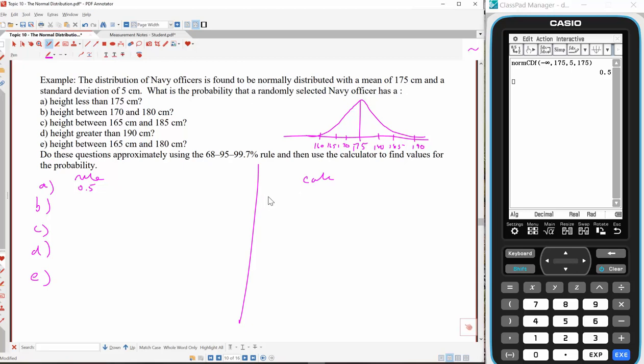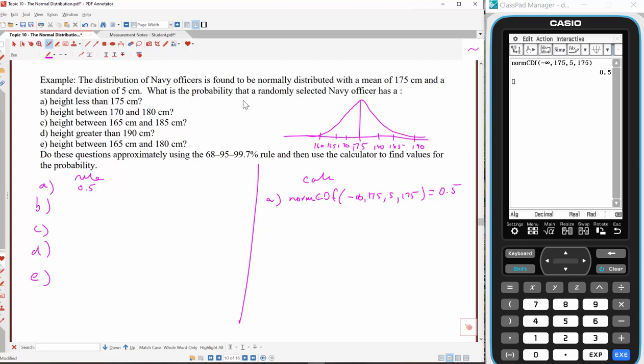All right, so let's note that: norm CDF, negative infinity, 175, 5, 175 equals 0.5. So that's how I do it on the calculator.